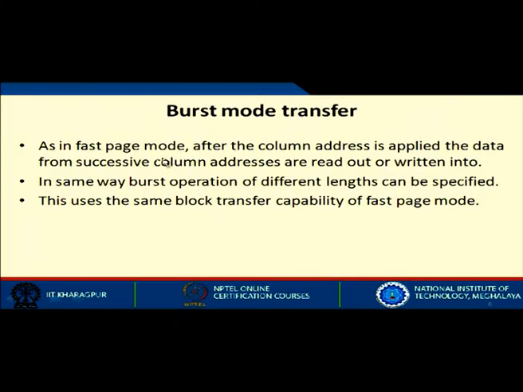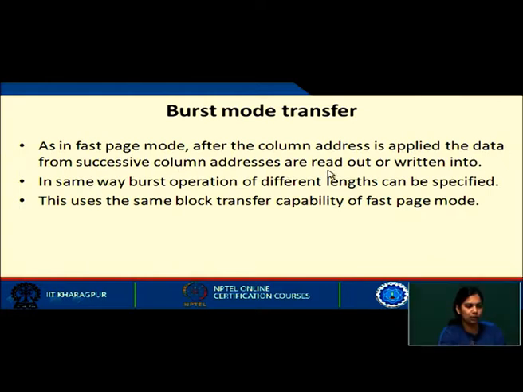So, here also we will see how this burst mode transfer happens. As in fast page mode, after the column address is applied, the data from successive column addresses are read out or written into. So, for read it is read out and for writing it is written into.